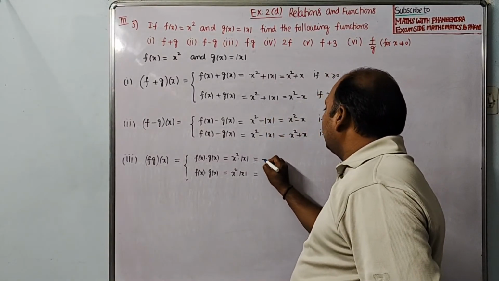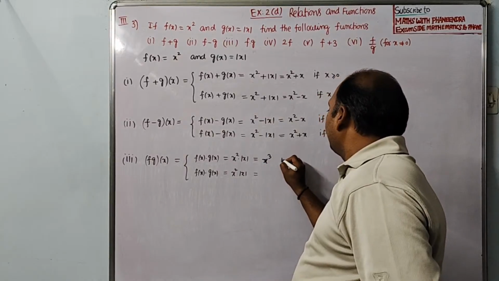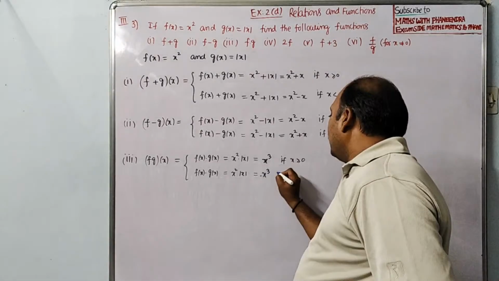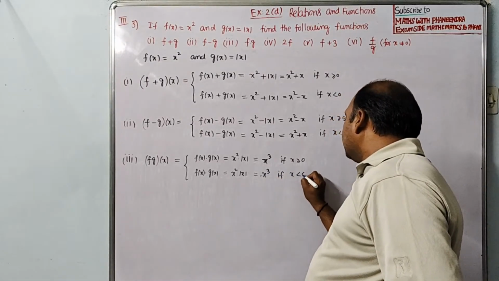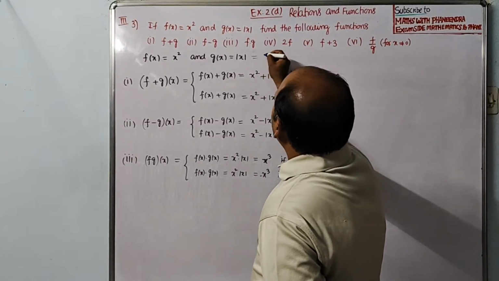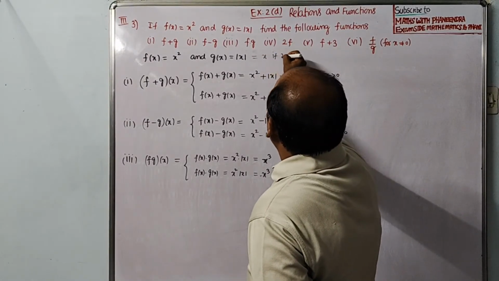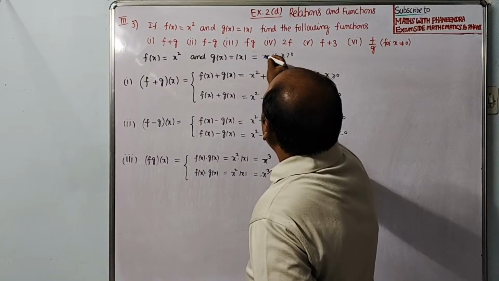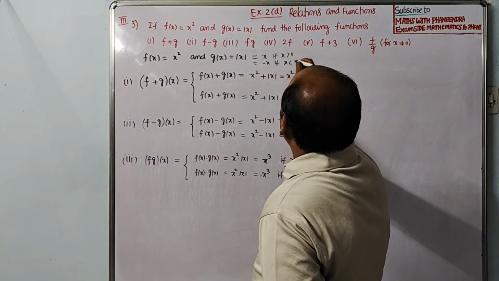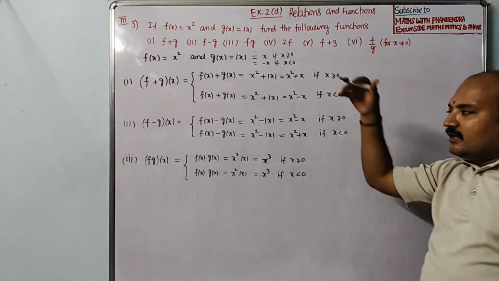This is x cube if x is greater than or equal to 0, minus x cube if x is less than 0. For all this, mod x is equal to plus x if x is greater than 0, equal to minus x if x is less than 0. That is the definition.